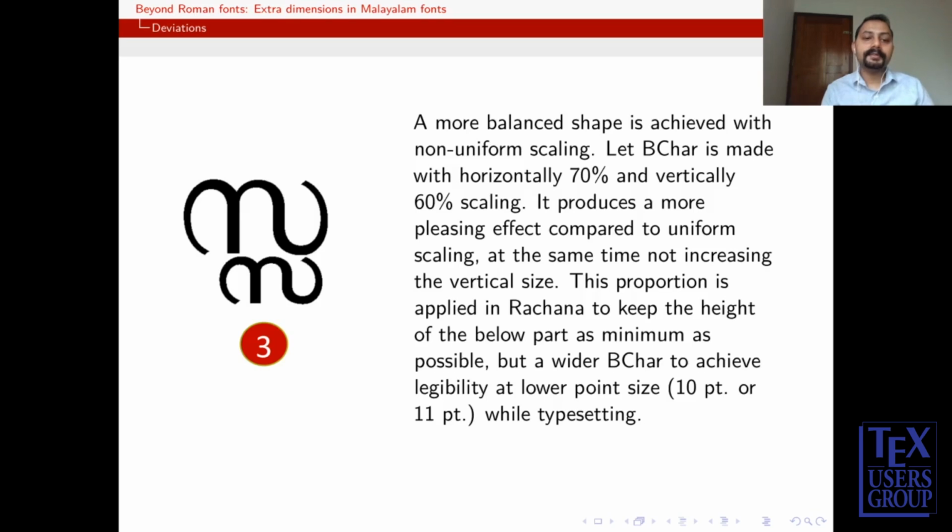To remedy this, we look at option number 3, which is reducing the below base character by a varying height and width. Here the height is 60% and the width is 70%. Now this produces a much more aesthetically pleasing combination, conjunct.